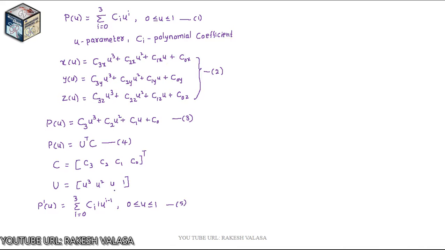You can also write p dash of u equal to. You can also differentiate equation number 3 with respect to u, that is C3 u cube.